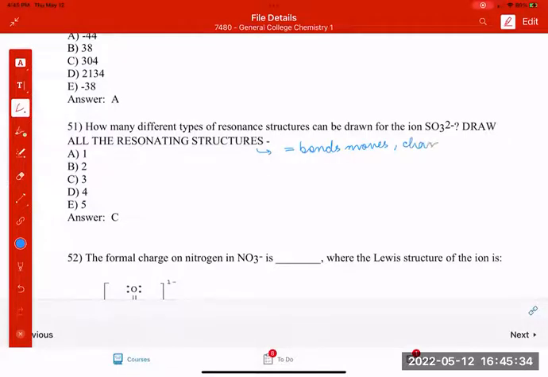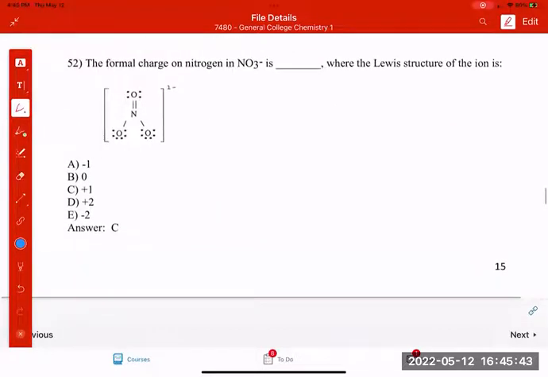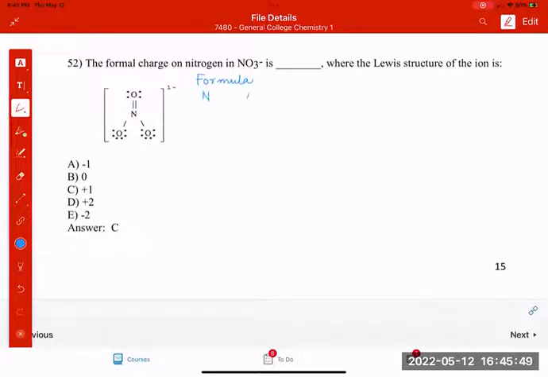So charges also move. And for this, I have done this in the notes also. Formal charge. So you should write the formula and show it on each of them. On nitrogen, oxygen, you can label it 1, 2, and 3. Okay, oxygen 1, oxygen 2, oxygen 3, and like that.